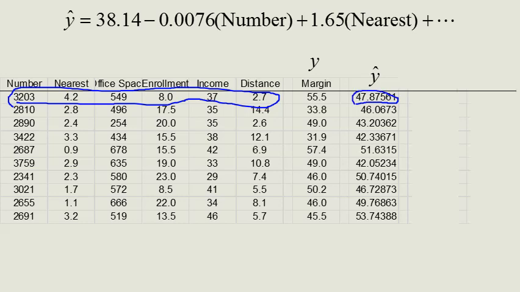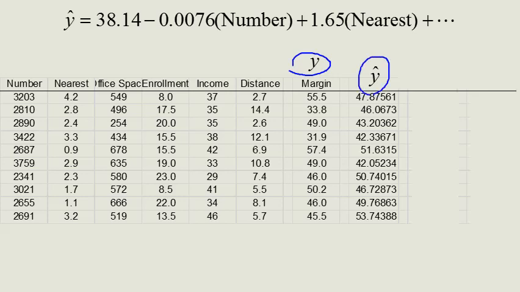And you can verify them for yourself. All right, so far we have y and y hat. Now we just need y bar and we'll be set. You aren't looking at the complete data set, so you cannot verify this, but the sample mean of operating margin is equal to 45.7.